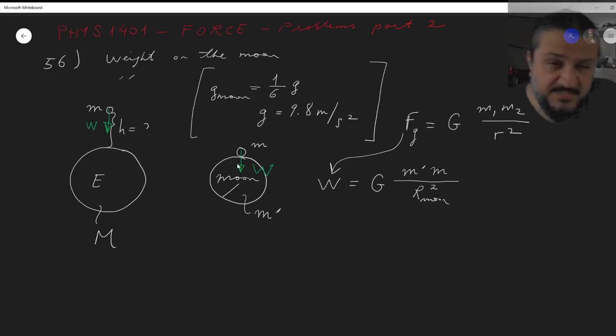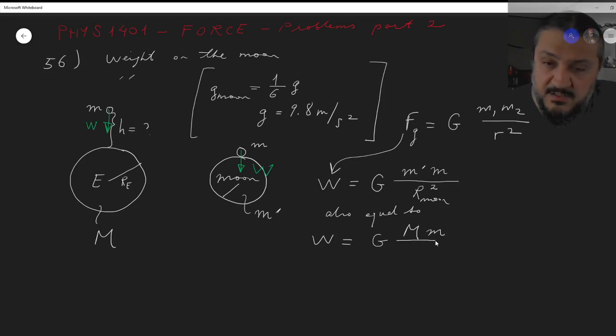That's W. But the same weight happens over here. Now we have the radius of Earth, of course, RE, plus h. So this is also equal to G times now Earth's mass, capital M, times this test mass, little m, divided by the square of RE, radius of Earth, plus this height that we're looking for, squared.